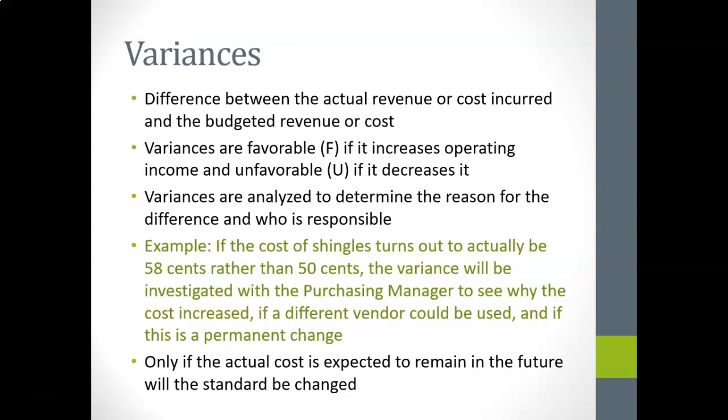For example, if the cost of the shingles turns out to actually be 58 cents rather than 50 cents, the variance will be investigated with the purchasing manager to see why the cost increased. Could a different vendor be used? Is this a permanent change for some reason?